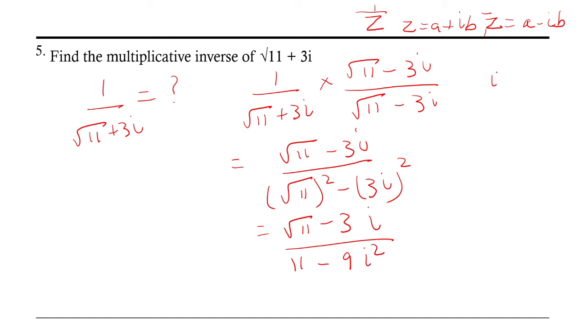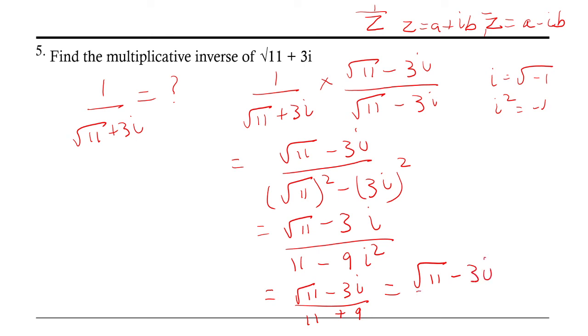We know i is equal to the square root of -1 and i² is equal to -1. So this is equal to (√11 - 3i) divided by 11 - 9 into -1, which is plus 9. So this becomes (√11 - 3i) divided by 20.